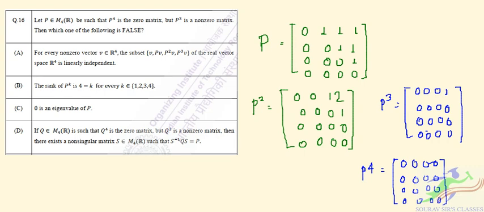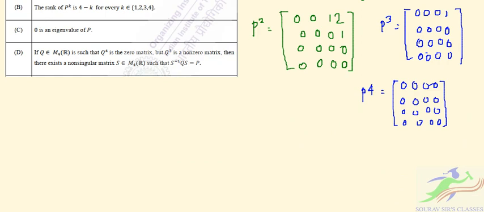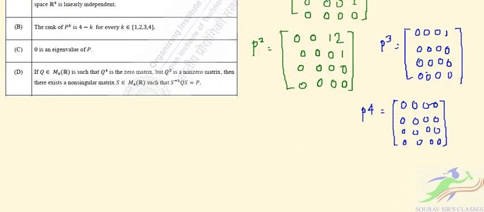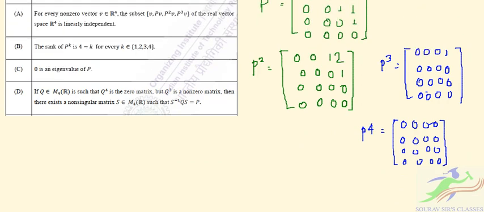Okay. So first let's check these options. Now we have option A: for every non-zero vector V belonging to the real space, the subset of real vectors V, PV, P square V, P cube V is linearly independent.